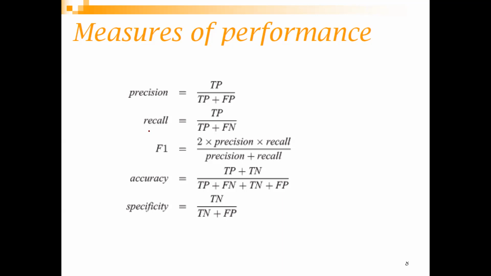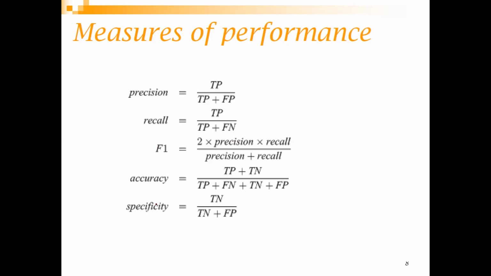It often happens that when the precision goes up, the recall goes down, or vice versa. So instead, you try to come up with a score which combines both of them. Rather than trying to maximize precision or recall, you try to maximize F1, or you measure your classifier's performance by the F1 score, which is a function of precision and recall.